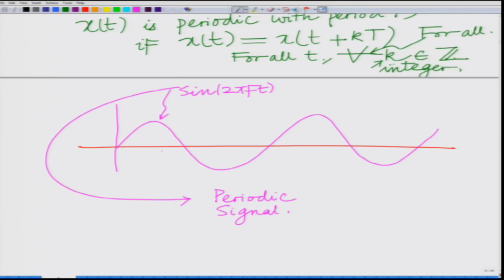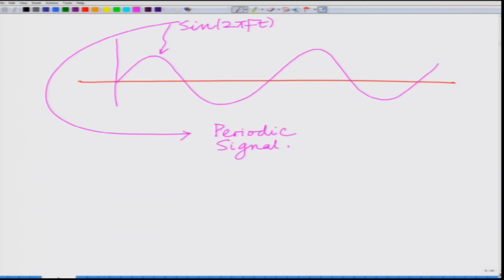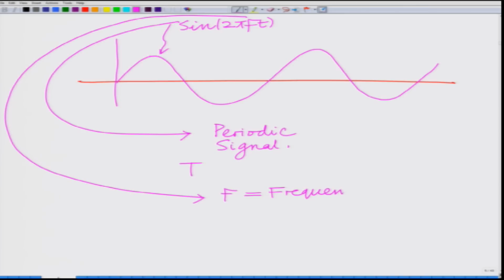And what is the period? We know that f is the frequency of the sinusoidal signal, and the period T equals 1 over f.